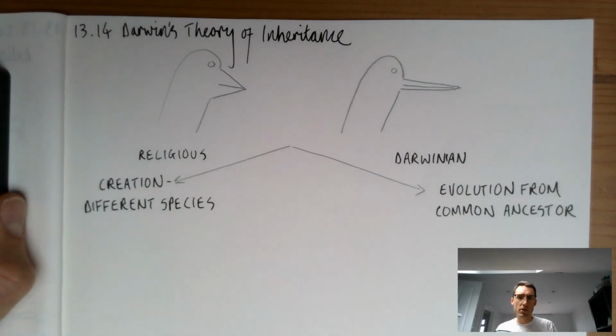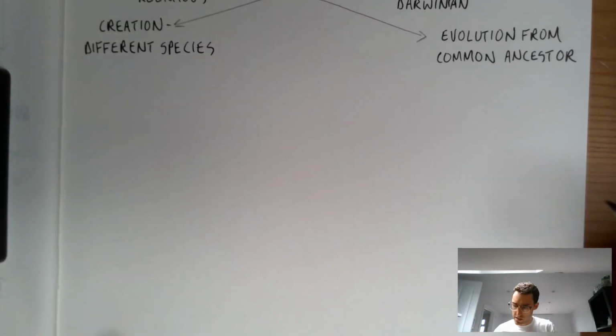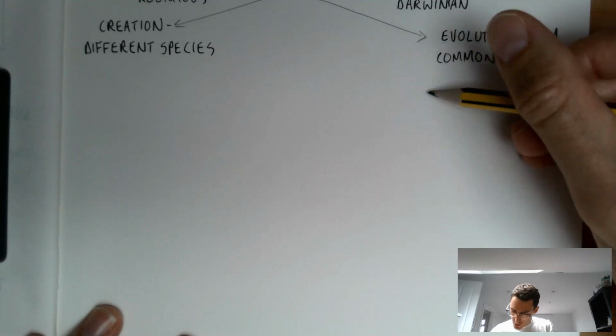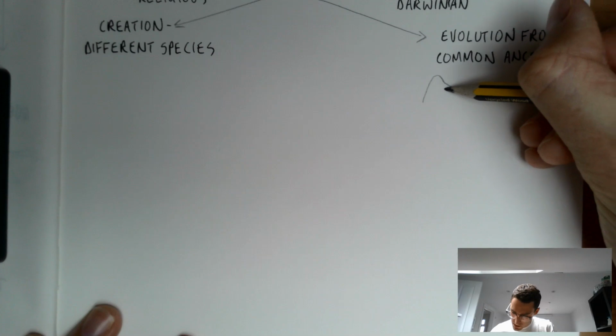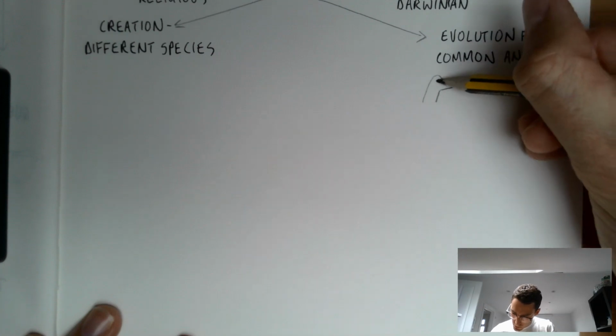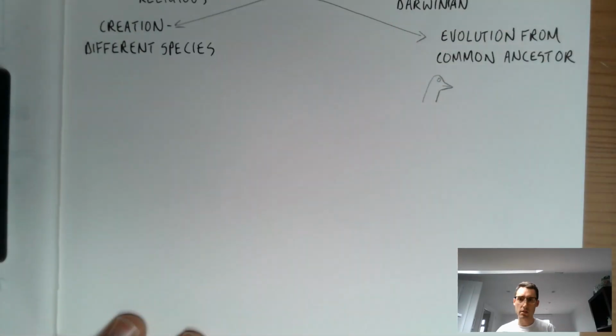Well, what I'm going to do below here is try and illustrate this in really, really simple terms. So let's imagine this common ancestor, something that looks like this, and I'm going to draw the common ancestor as a bird with a relatively short, fat beak like that.